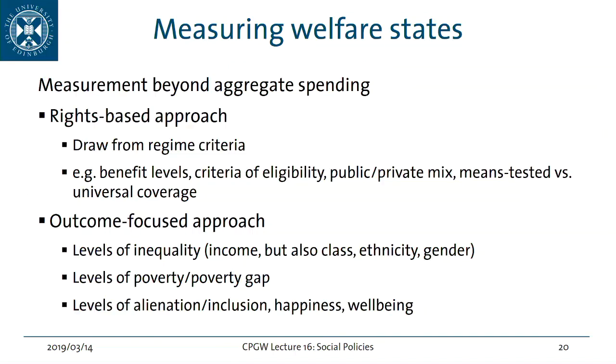So what do we do when we don't just want to rely on aggregate spending to investigate whether or not there is a certain convergence in welfare state policies? Well, we could take a rights-based approach, and look at how many states have extended particular social citizenship rights to their citizens, and to what degree they have extended them.